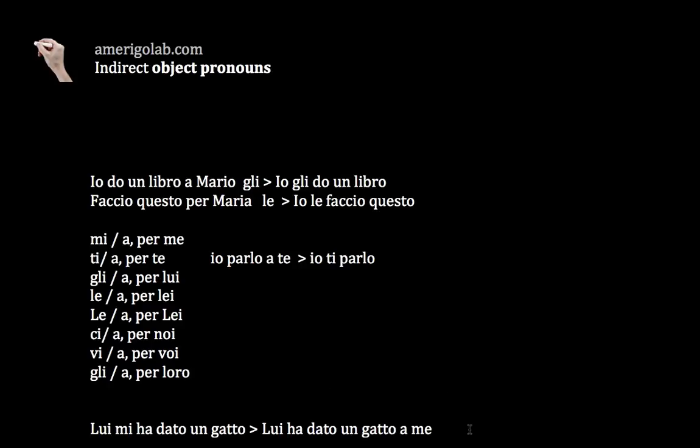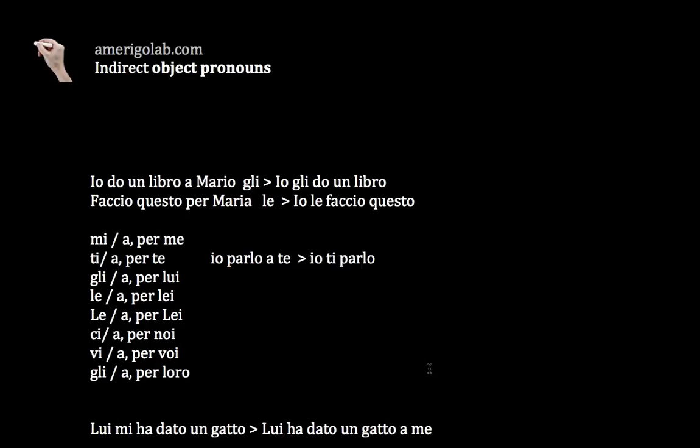As you remember, there is one difference with direct object pronouns. When we use the past tense, we had to change the last vowel of the past participle according to the object.